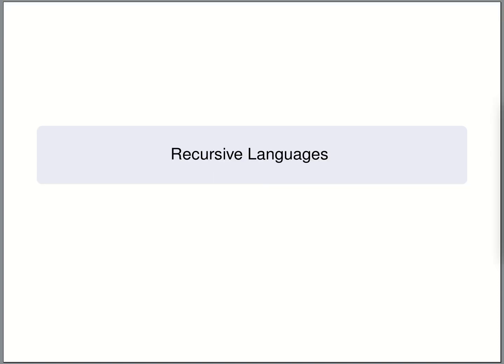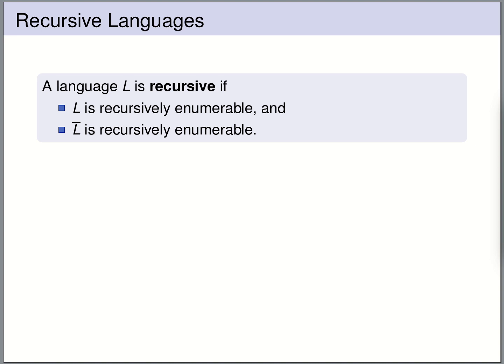The recursive languages are a subclass of the recursively enumerable languages. A language L is called recursive if L is recursively enumerable and the complement of L is also recursively enumerable.